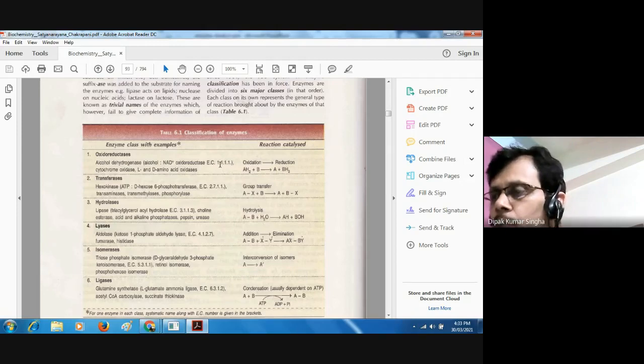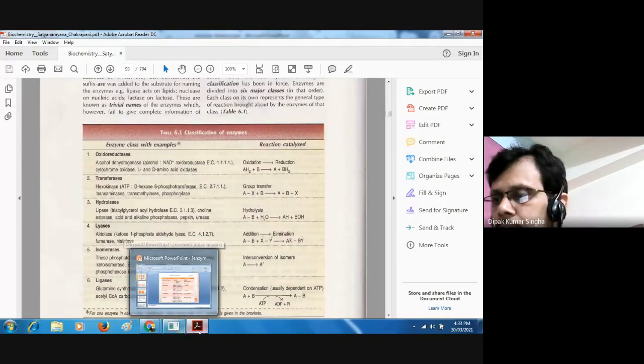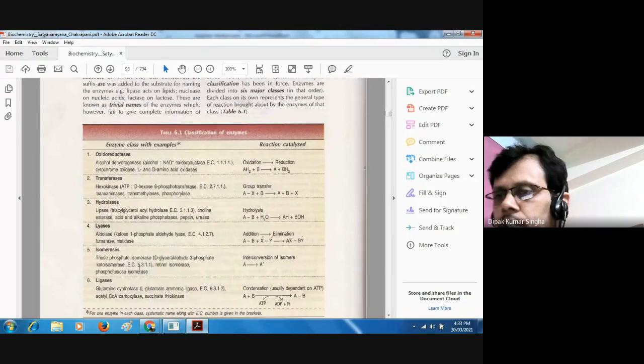Position 1 means oxidoreductase, 2 transferase, 3 hydrolase, 4 lyase, 5 isomerase, and 6 ligase. In oxidation, AH2 to A and B to BH2.